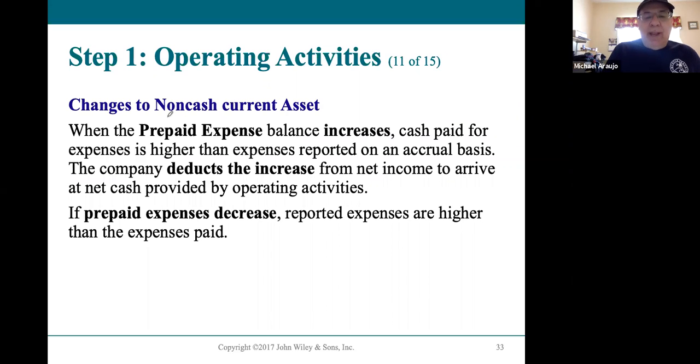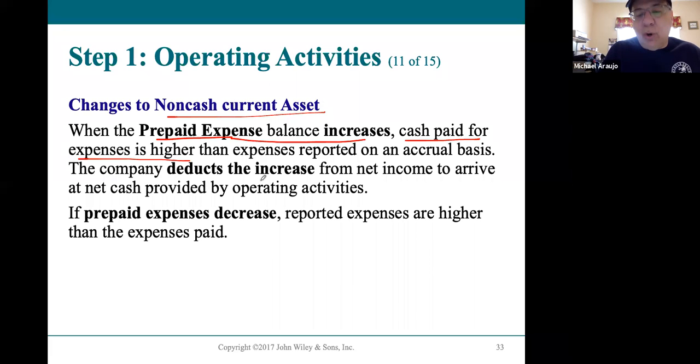And then we look at other things like prepaid expenses. So it could be prepaid insurance or prepaid rent or whatnot. When your prepaid expense balance increases, you have more prepaid insurance, it's because you probably paid more cash for it.